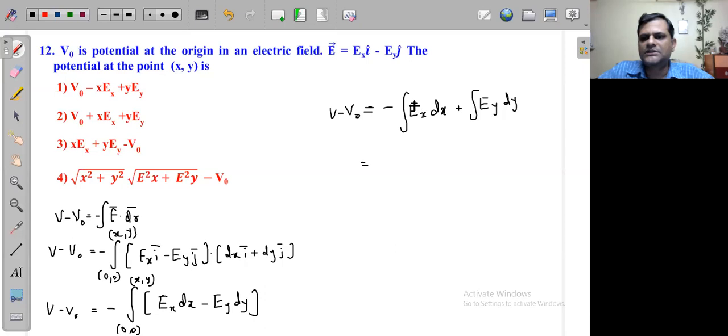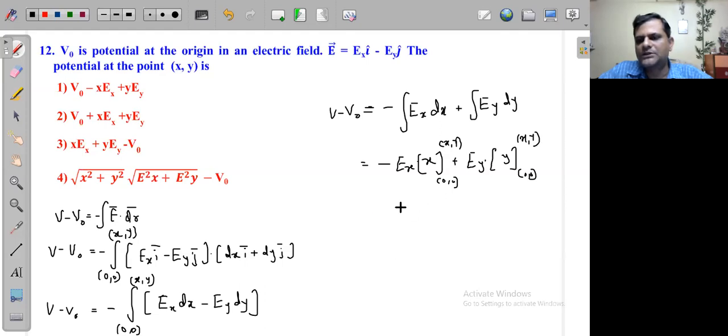So that we can just take this Ex as a constant and it can be taken out. So we can just have this as Ex into integration of dx will be simply x, plus this integration of Ey. Ey is a constant, and integration of dy will be simply y. But not to forget that we have to integrate it from 0 0 to x comma y. So don't forget to put the limits here.